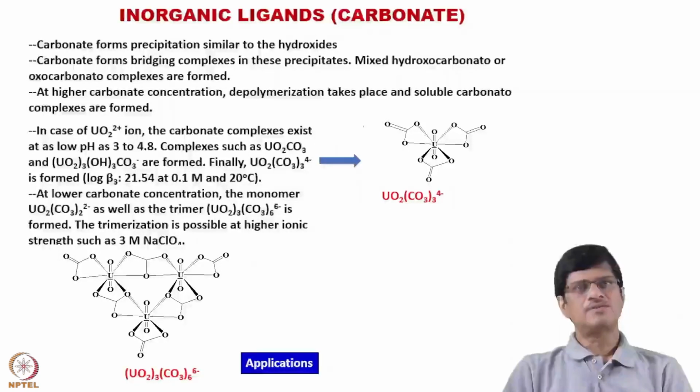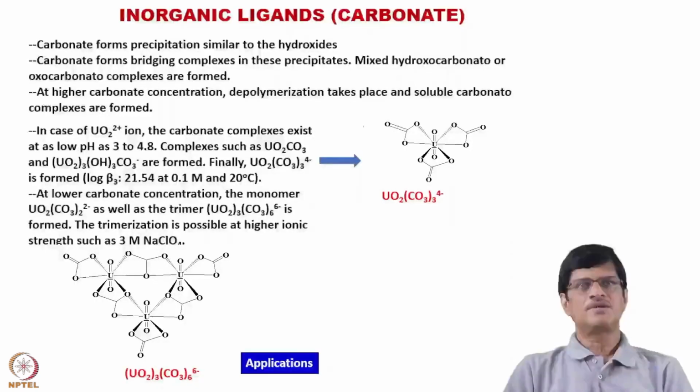The carbonates form precipitation similar to the hydroxide. There are mixed hydroxy as well as carbonate species formed, which I will be showing in the speciation diagram of uranium 6, the uranyl ion.